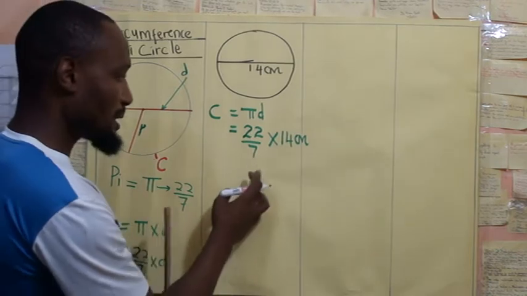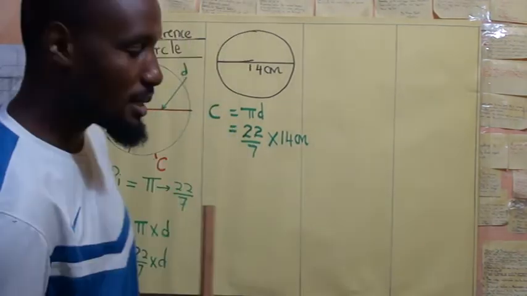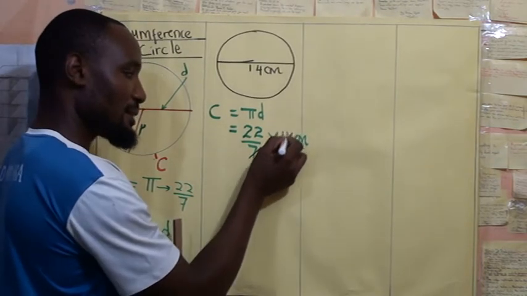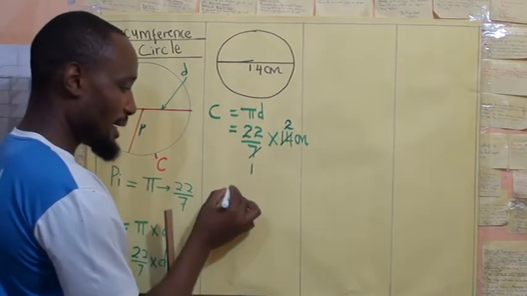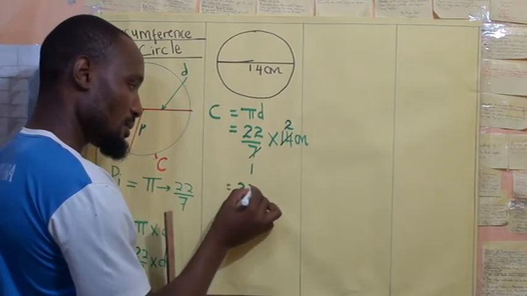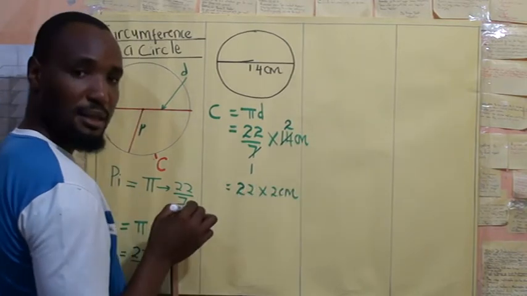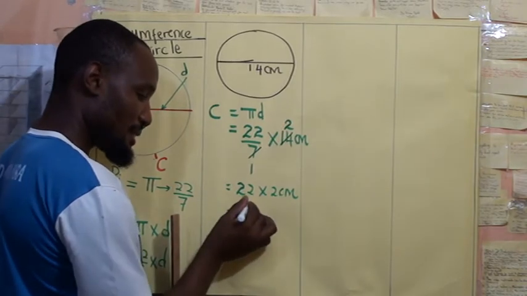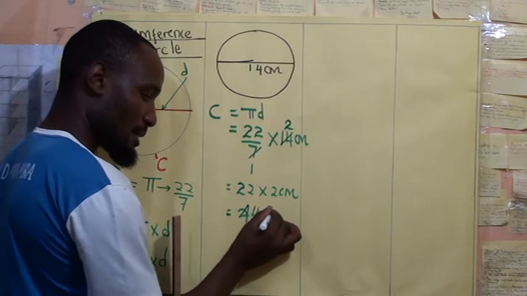So you need to solve this. That is 22 over 7 times 14. You have been taught about simplification. You know how to simplify this with this. So 7 goes here 1, 7 goes here 2. So we have 22 times 2 centimeters, which is 44 centimeters.